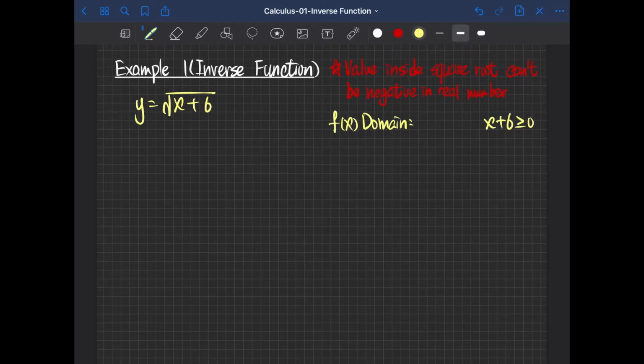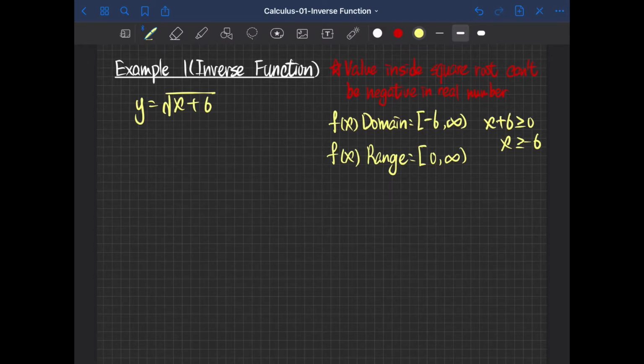We just subtract 6 from both sides and we will get x is greater than or equal to negative 6, such that the domain is from negative 6 to infinity, which includes negative 6, and the range of the function is from 0 to infinity, which includes 0. The reason is the same as before. The square root can't be negative in the real numbers.